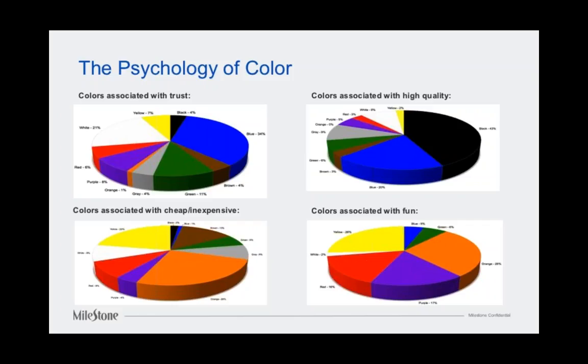This isn't necessarily associated with high quality. It goes back to being more cheap and inexpensive. And the bottom right chart, fun, I feel like this one is even more clear. You can see that these bold primary colors, the purples, the oranges, are more associated with fun. If you think of Nickelodeon, it's orange, for example. This is how it ties in.